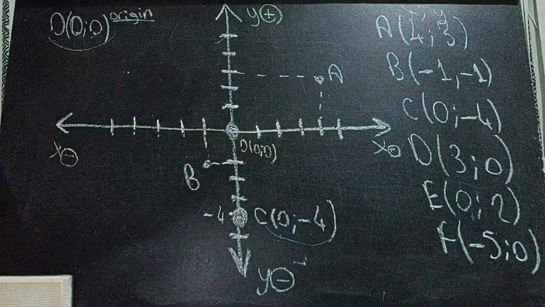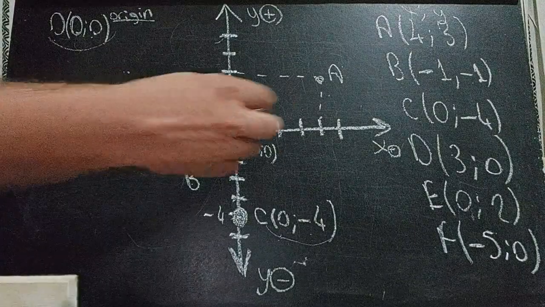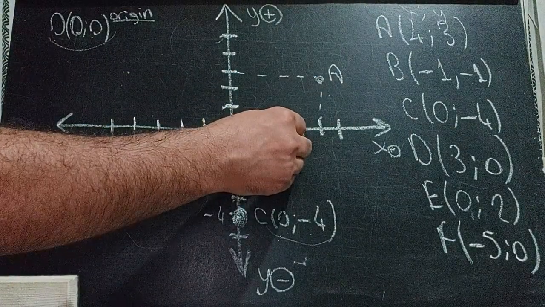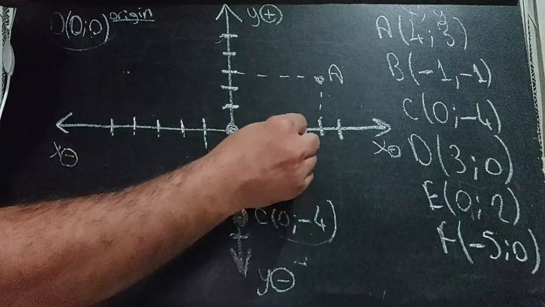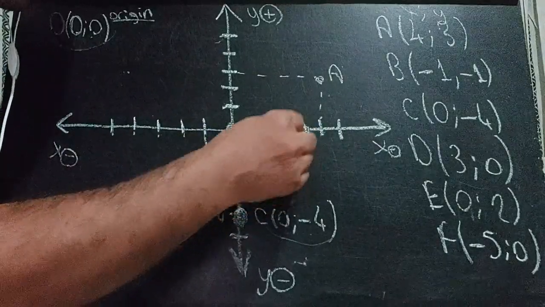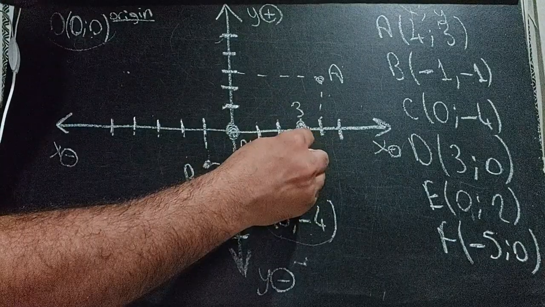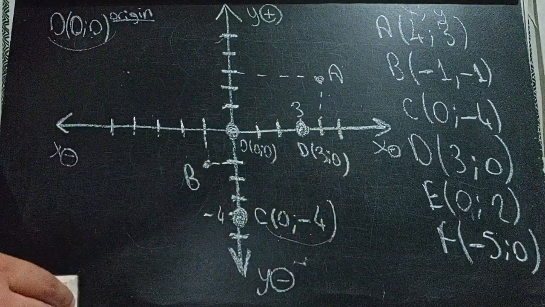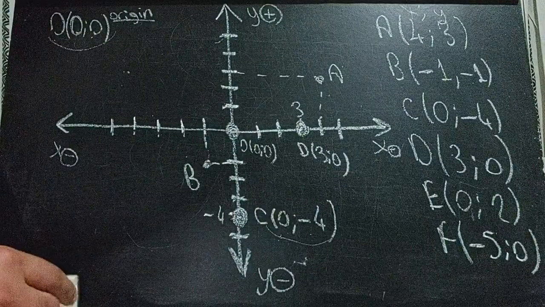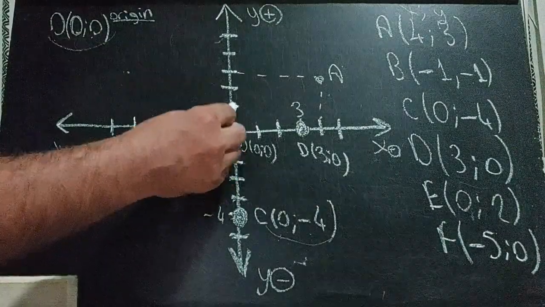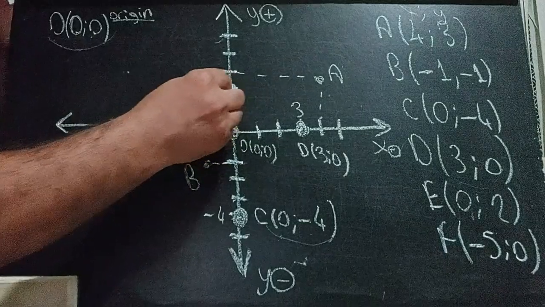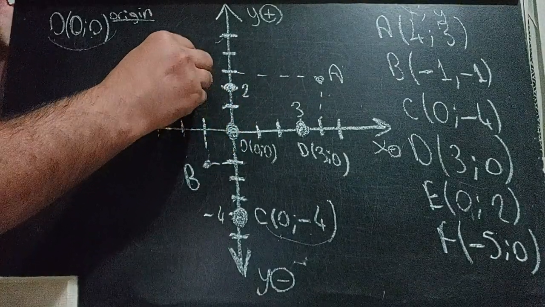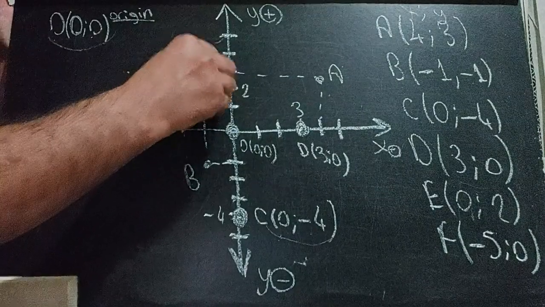This is C, 0, -4. I put numbers for this, I didn't put for this and this, but this one is important. Look, 0, -4 is just on this point. And the same thing for 3 and 0 too. So 3 is x, 1, 2, 3 there, okay, and y is 0. That means we are on this number. This is 3. That will be D, 3, 0. And E, 0, 2. Okay, x is 0, y is 1, 2 there. So that will be point E, 0, 2.